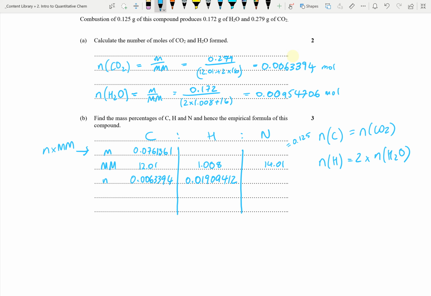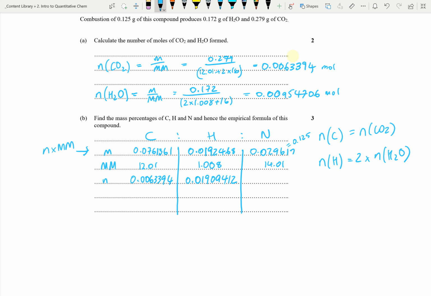Do that for hydrogen, which is annoying because it pretty much spits out the same answer: 0.01909412 times 1.008, slightly changed, 0.0192468. And if I go 0.125 minus those two numbers, I should have the mass of nitrogen in my compound.